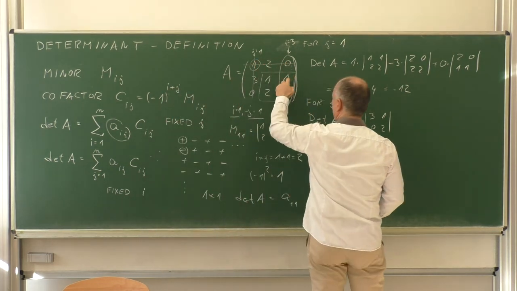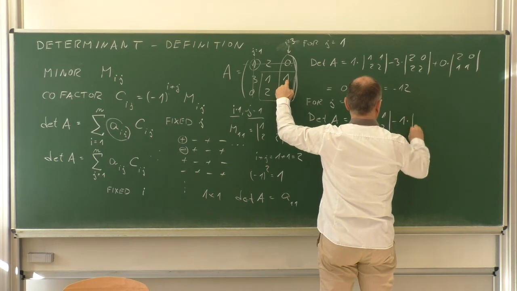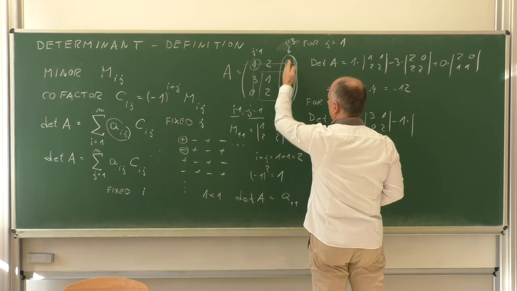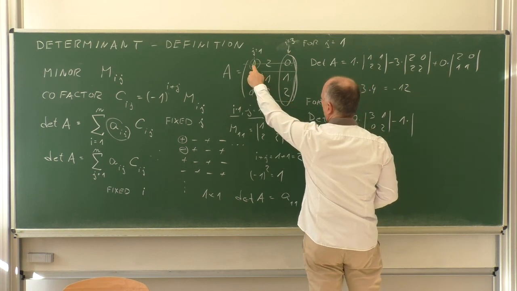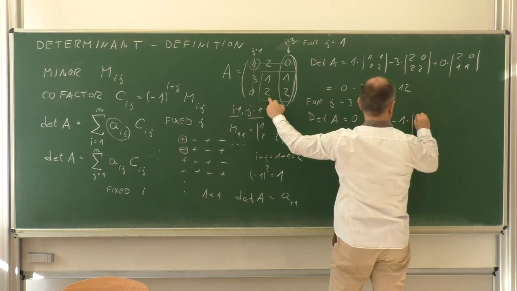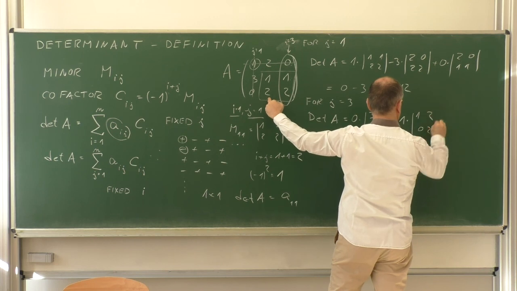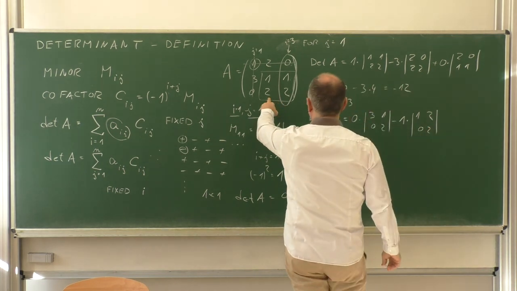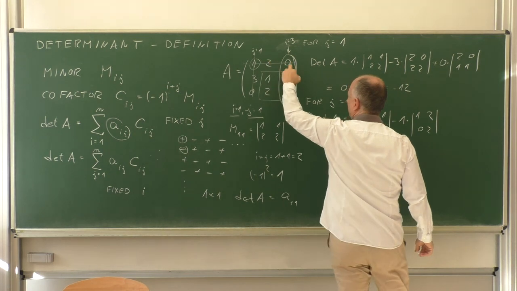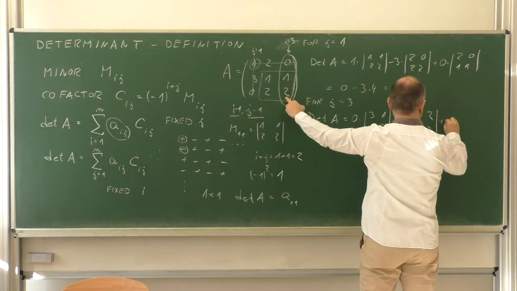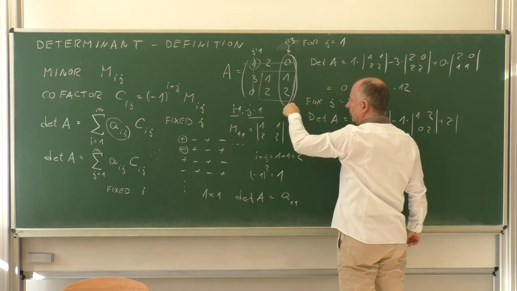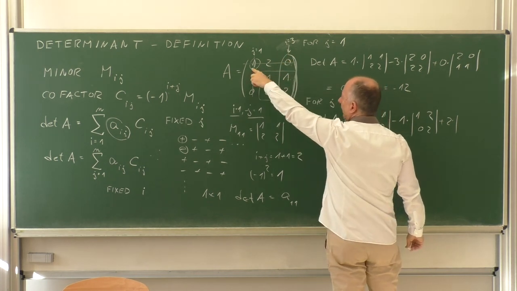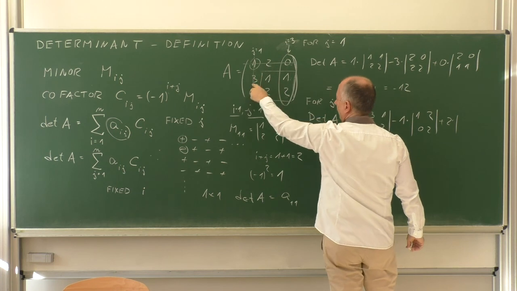Plus, minus 1 times, and when we delete the second row and the third column, we get the determinant 1202. And finally, plus 2 times the determinant when we delete the last row and the last column, and what remains is 1, 2, 3, 1.